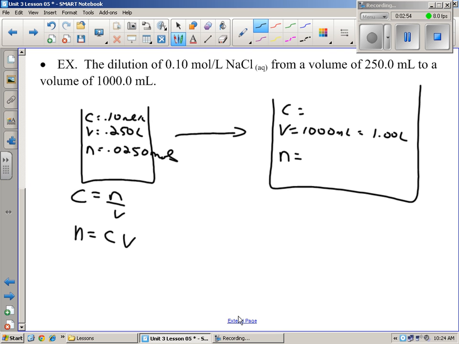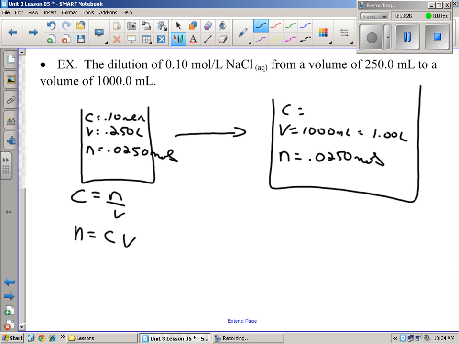One thing I want you to understand here, and I've said this a few times: if I had 0.025 moles of solid here, and I add water to this beaker, how many moles of solid do I have? The same, right? I'm not adding any solid, I'm adding water, V. So technically, I'd have 0.0250 moles here as well.